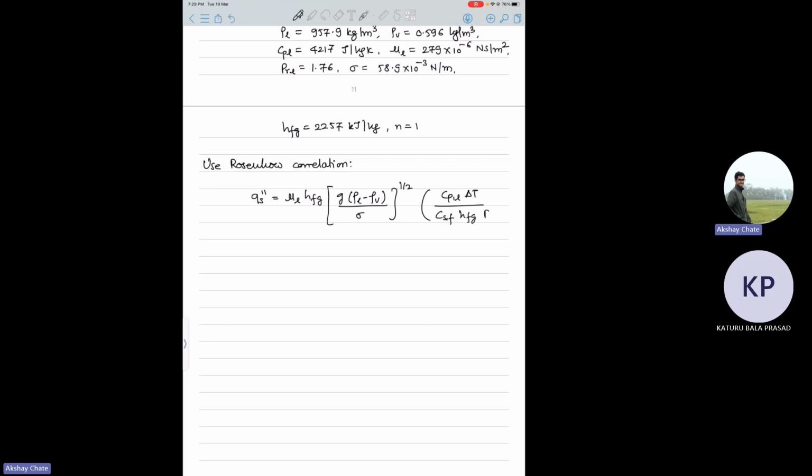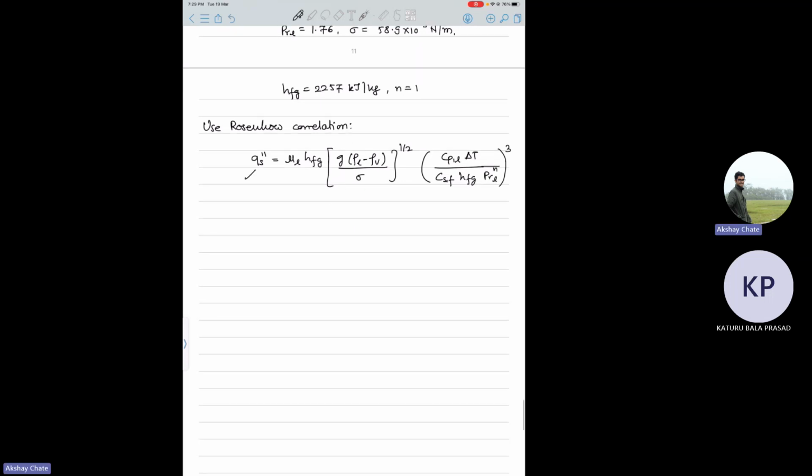Then HFG into liquid Prandtl number power n. The whole thing is raised to the cubic power. And we know that this is nothing but H delta T, right? Because it's a flux, so it will be H into delta T. We need to find H.